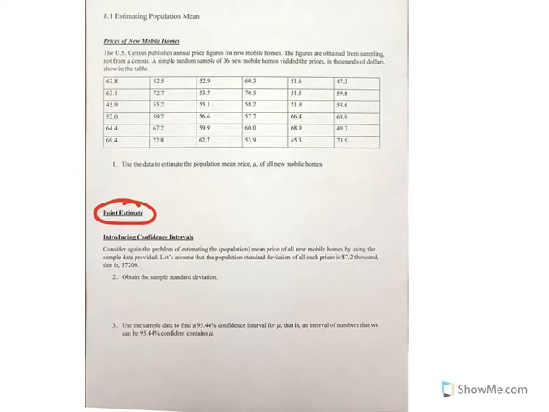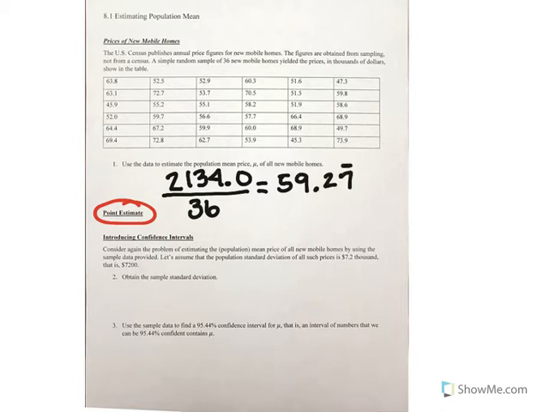You're going to add up all 36 prices. When you do that, you should get 2134 evenly. You're going to divide that by 36, and that should give you 59.27, with the 7 repeating. So we're going to round to 59.28.